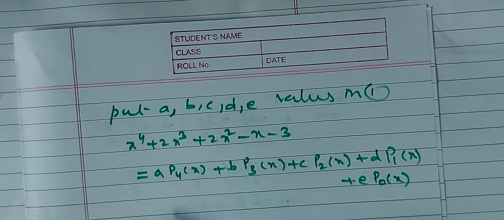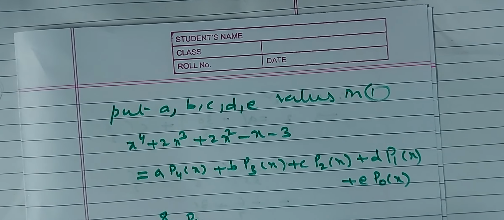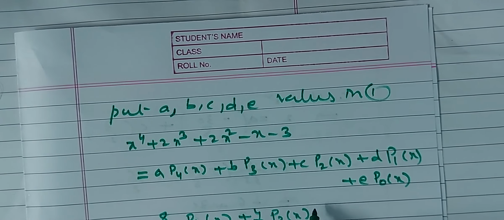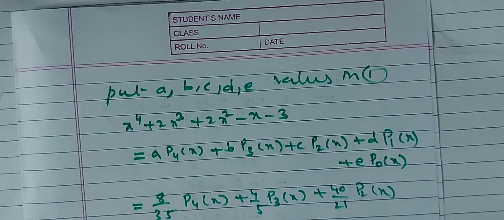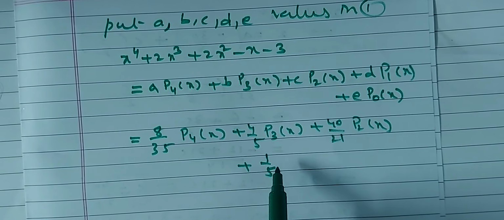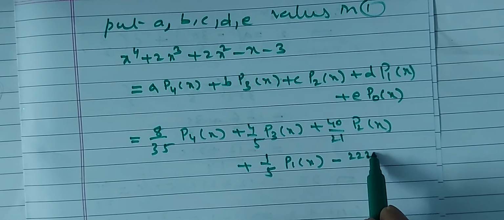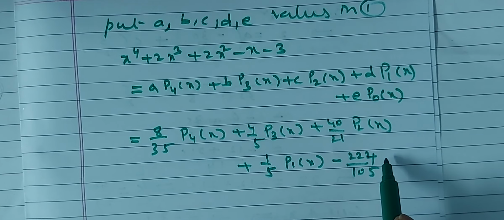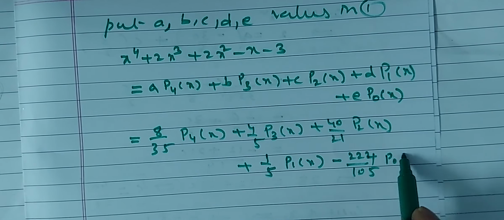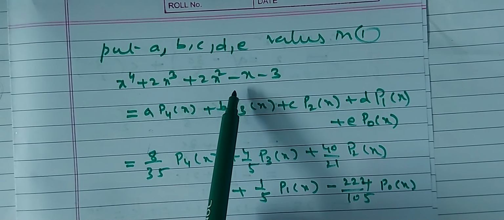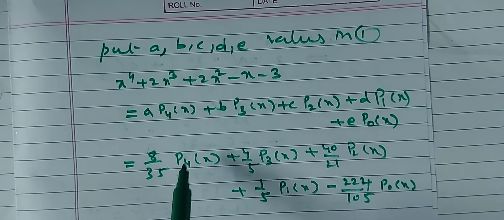So this is equal to 8 by 35 P4 of x plus 4 by 5 P3 of x plus 40 by 21 P2 of x plus 1 by 5 P1 of x minus 224 divided by 105 P naught of x.